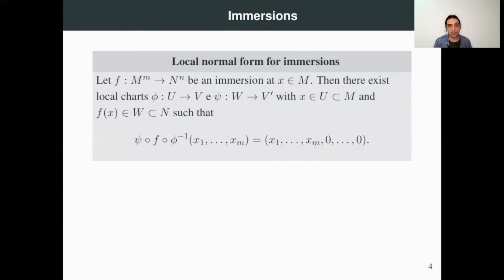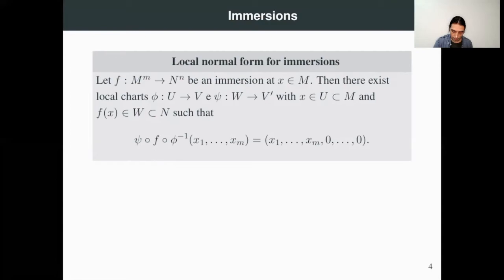This is, let's say, the local normal form for an immersion from R^m to R^n, okay? And again, our point of view is that this theorem is just a version of the one we already know for differentiable maps in Euclidean spaces. It's nothing else, and let's actually see that that's exactly the situation.